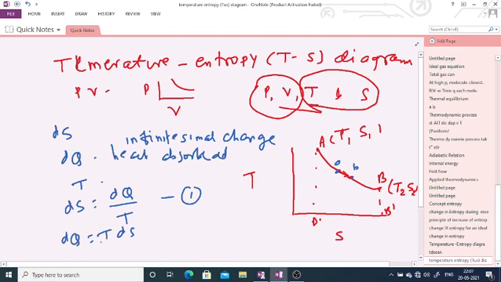This amount of heat absorbed by the system is equal to the area under the curve. So if you plot the perpendiculars, this is the area under the curve, A dash B dash. This is the area of the strip A B B dash A dash.